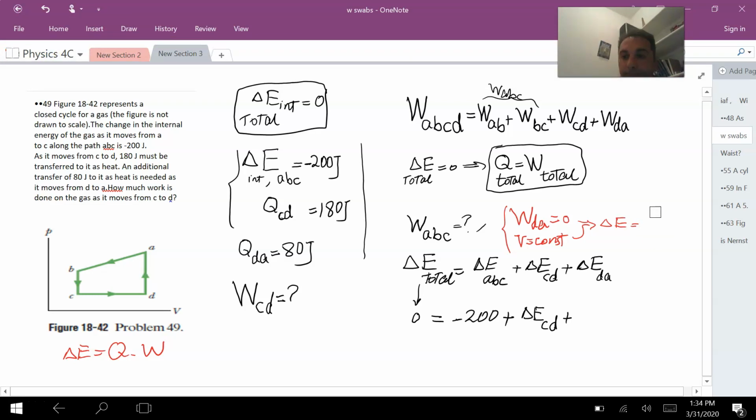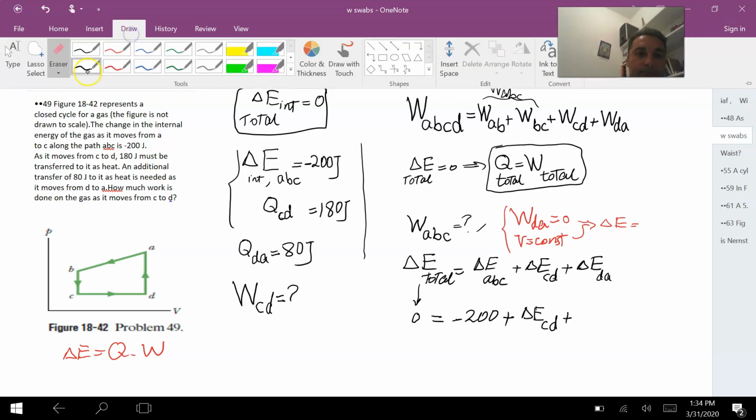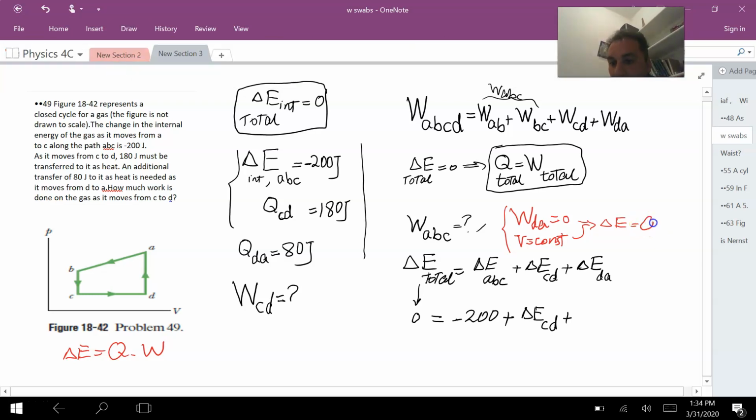Therefore, what I am going to have, delta E in the path of dA, is the same as Q in the path of dA. And we know that, which it is here, 80 joules.